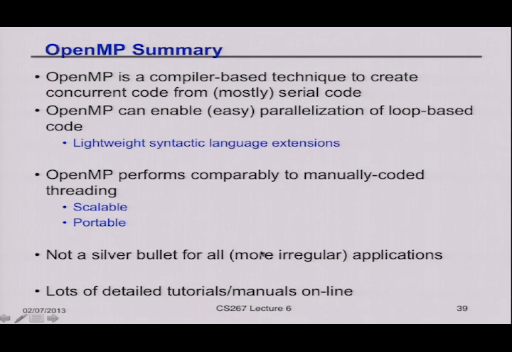If you're searching down a tree and you don't know what the search tree looks like until you get to the bottom of it, and some leaves may be much more expensive than others, that's very hard to express as a loop or a nested loop, so it's not going to work so well there. But for many scientific applications, this is perfectly adequate. So that's all I wanted to say about shared memory programming. And as I said, on homework 2, you'll get to do this.